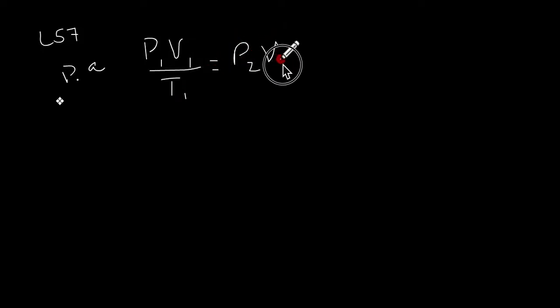Lesson 57, Practice A. All right, this is a gas pressure volume problem. So you have to know P1 V1 over T1 equals P2 V2 over T2. They want you to find out what the pressure would be.